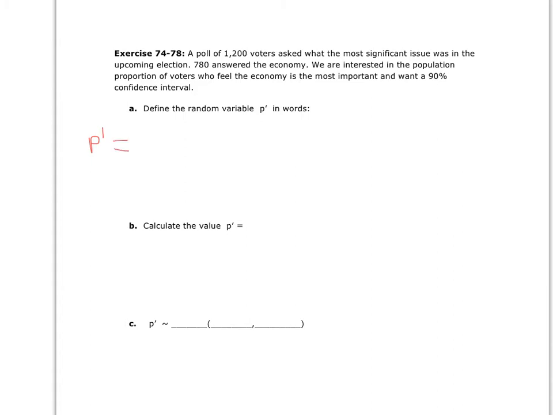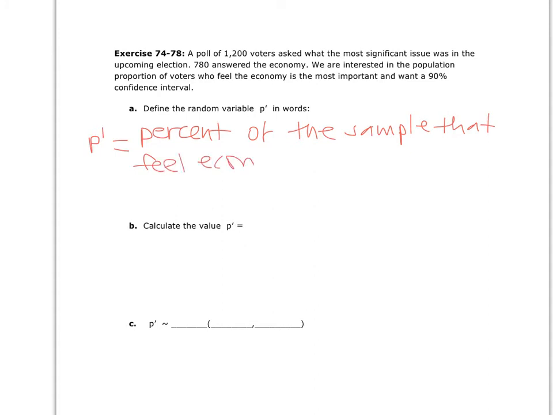So P prime is the percentage or proportion of the sample that feel the economy is most important.